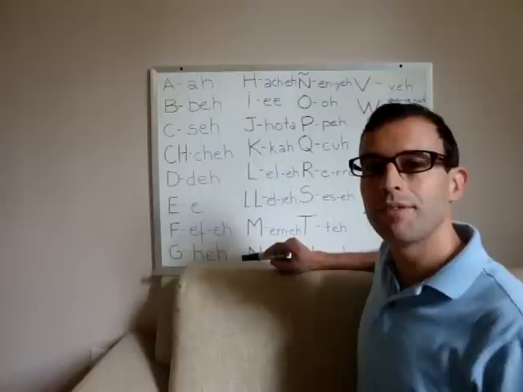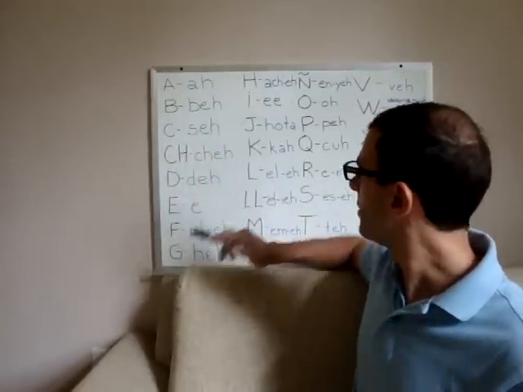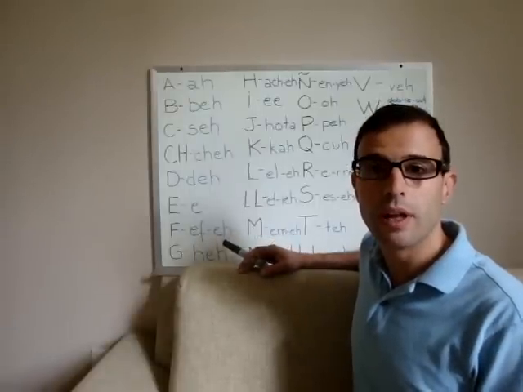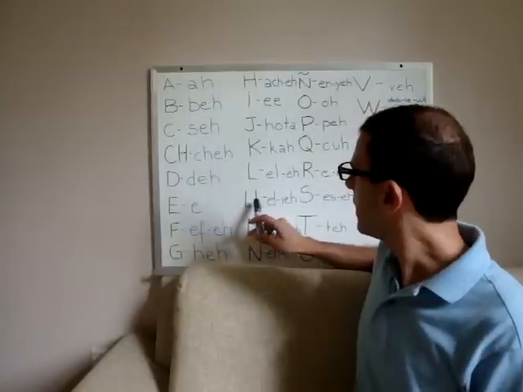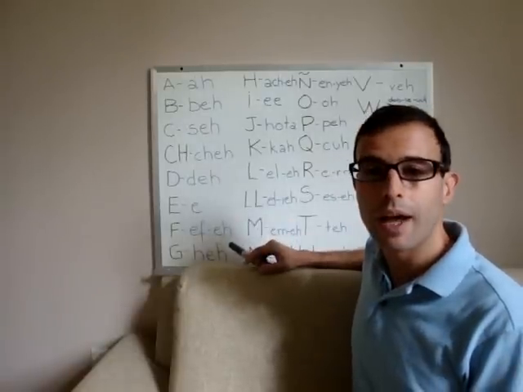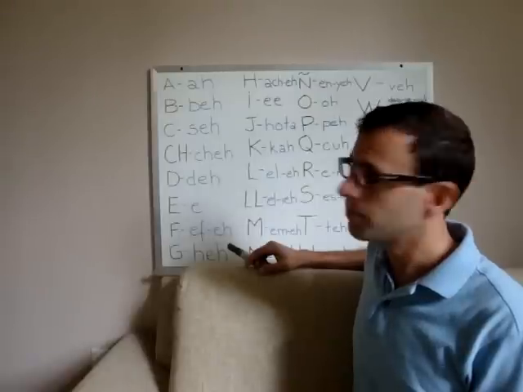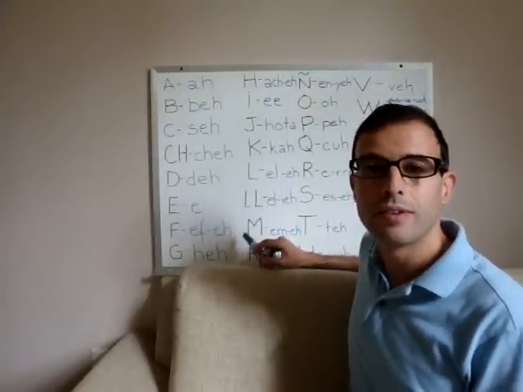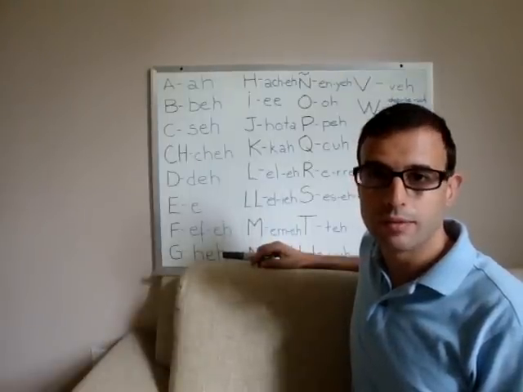Again, we have something similar to the CH, right? This is considered an independent, separate letter in the Spanish alphabet. Double L has its own pronunciation. It would be similar to the GL in Italian.